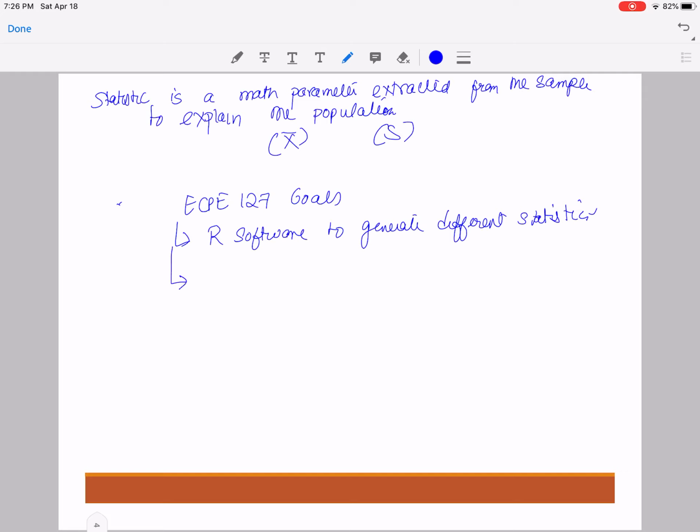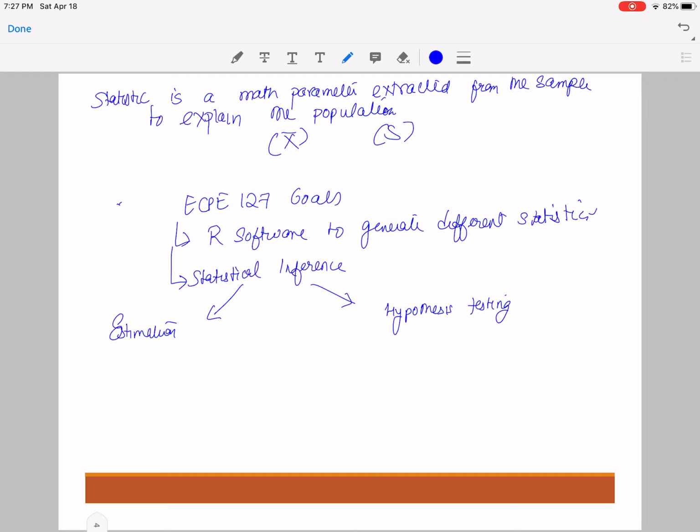And we are going to look into statistical inference. There are two broad items included inside of statistical inference, and those are estimation and hypothesis testing. So the goal of estimation is to find a range of values where we believe a population's parameter exists with a high degree of confidence.